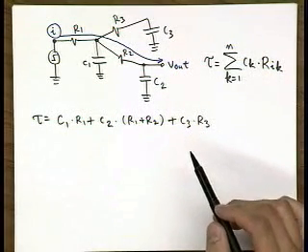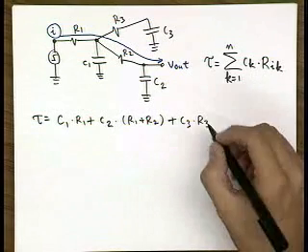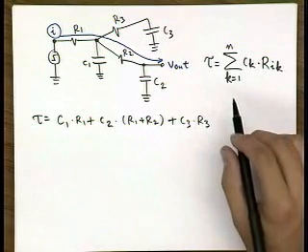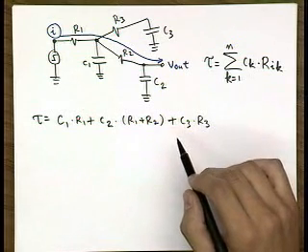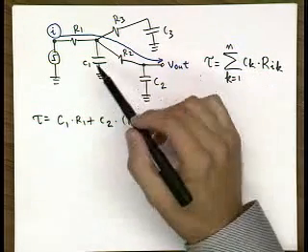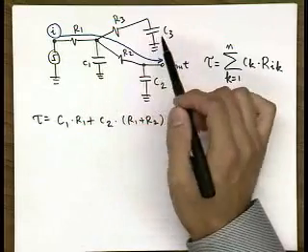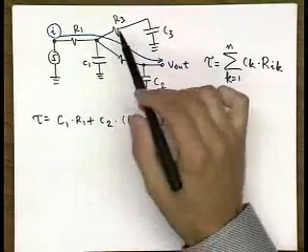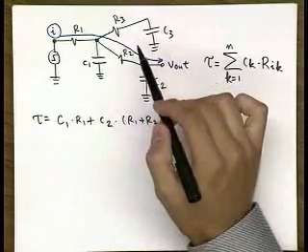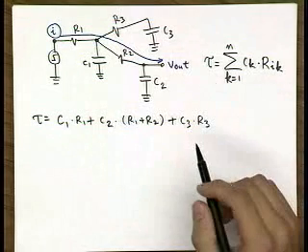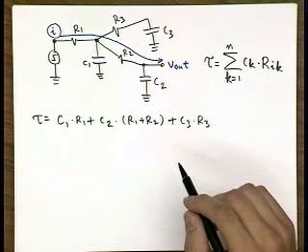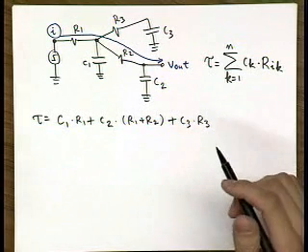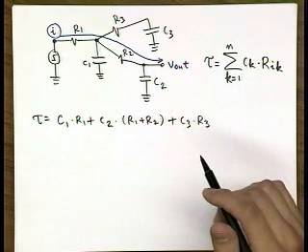You can still find extreme cases where, for example, you let R3 go to infinity or let R3 go to 0, and then these cases degenerate into a parallel combination of C1, C2, and C3, or cutting off the C3. And this model works quite well when your resistances and capacitances are about the same order of magnitude, which is really the case in most practical circuits.